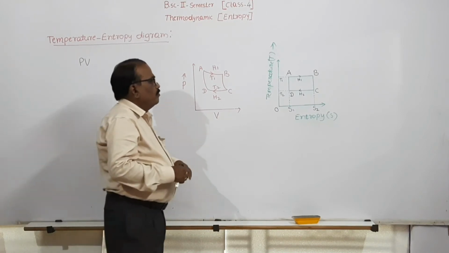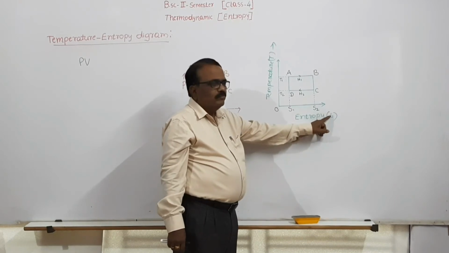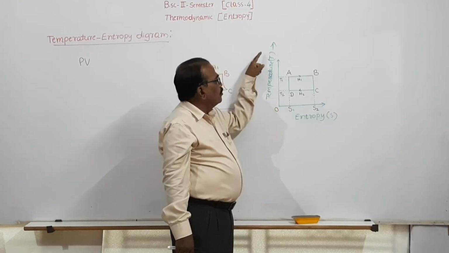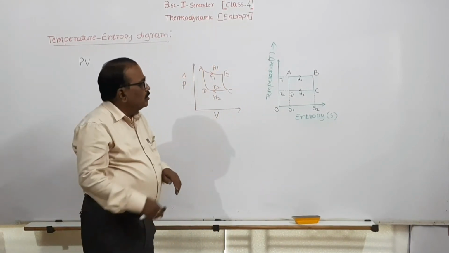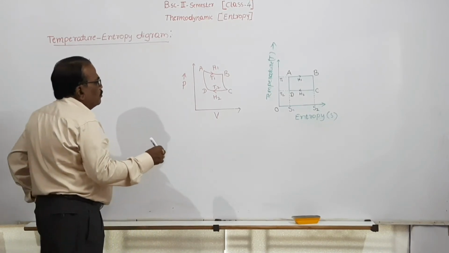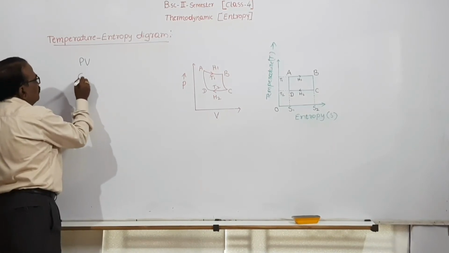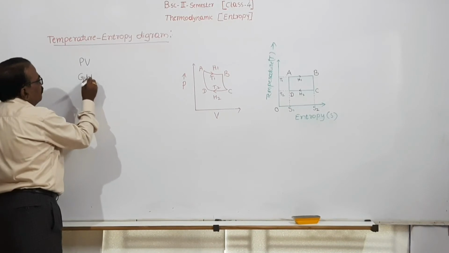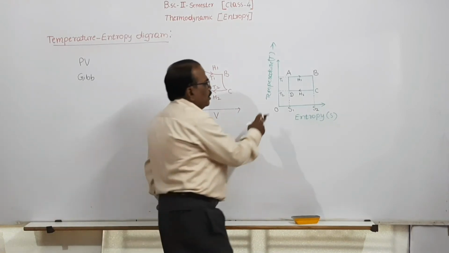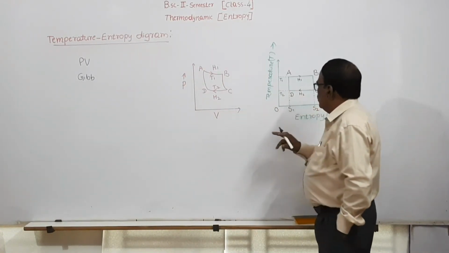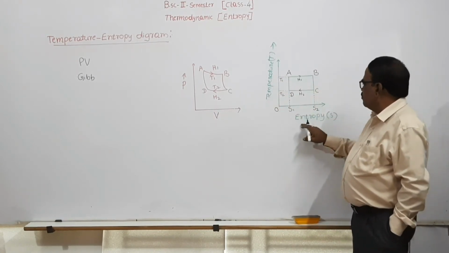Similarly, we can draw taking entropy along the x-axis and temperature along the y-axis. Such a diagram is known as temperature entropy diagram. This idea was given by a scientist known as Gibbs. So this is temperature and the other one is entropy.